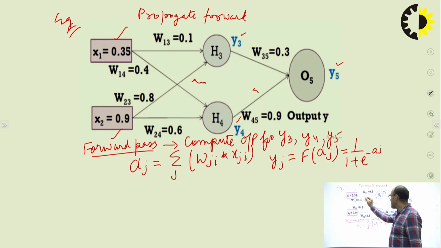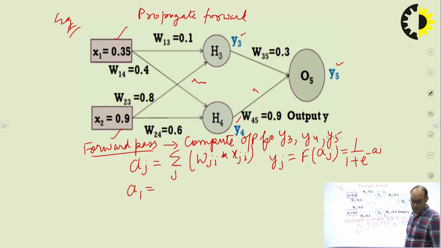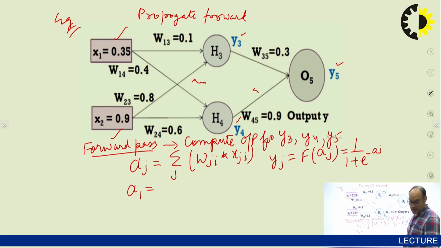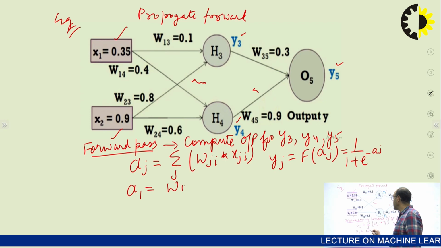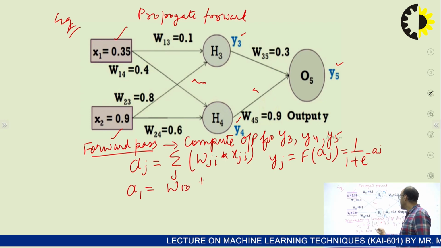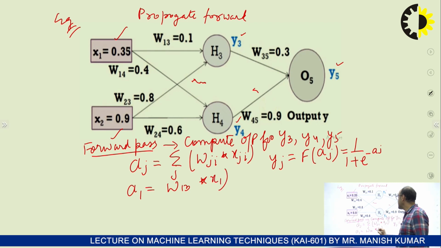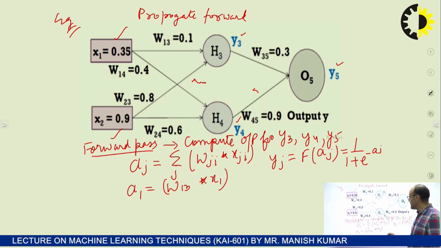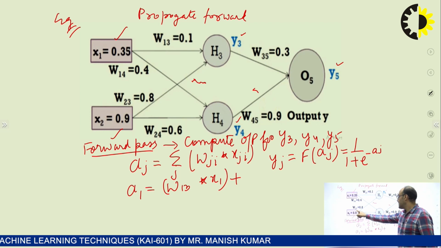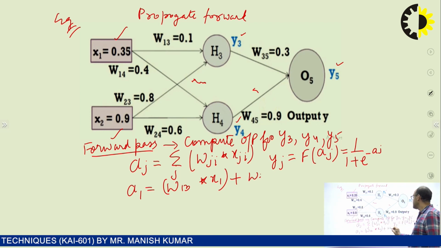So let me put the value here. Firstly calculate for this a1. ठीक है, I have done the calculation and I just write it down here. W13 multiplied by x1, plus W23 multiplied by x2.